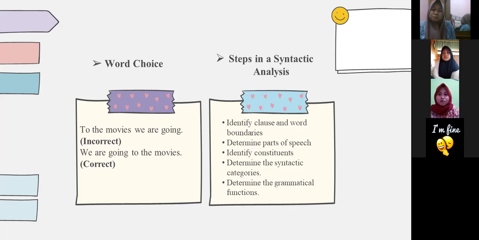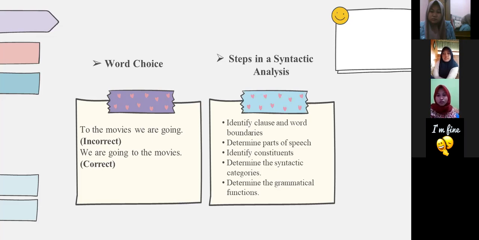Incorrect: to the movies we are going, and correct: we are going to the movies. The issue here is outdated phrasing by the rules of syntax. To the movies we are going isn't technically wrong. It's just archaic. Okay.